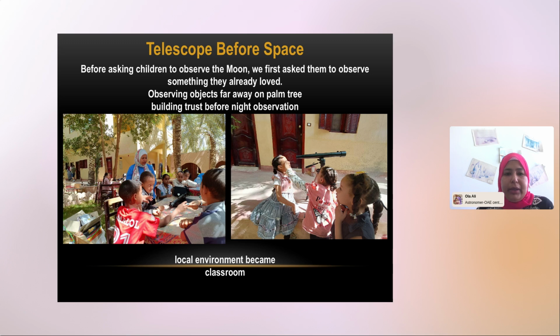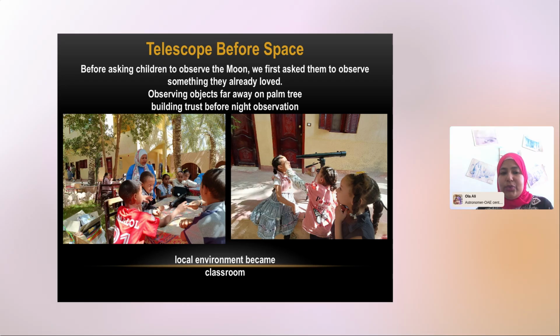Here we started to get them familiar with the telescope. For them, this was the first time to hear about a telescope or to see one. At first, I showed them what a telescope looks like and how it works in a very simple way.